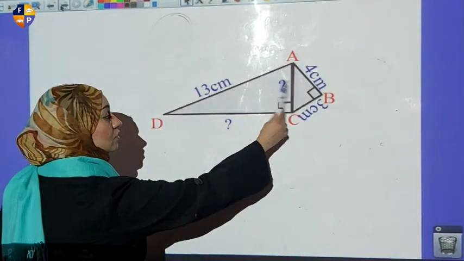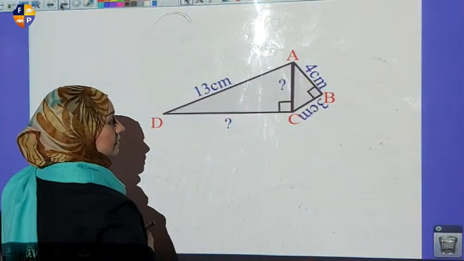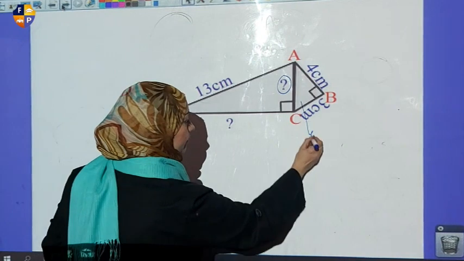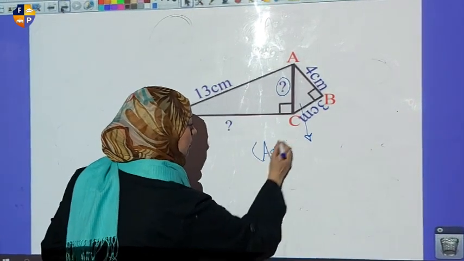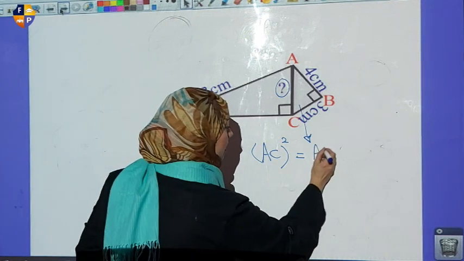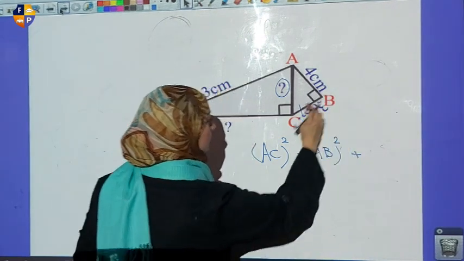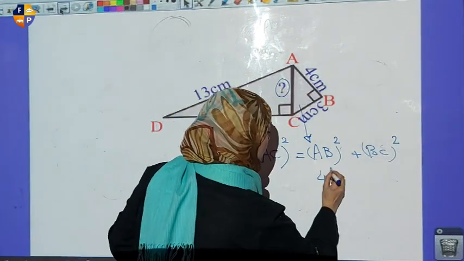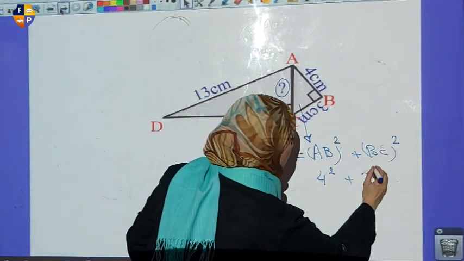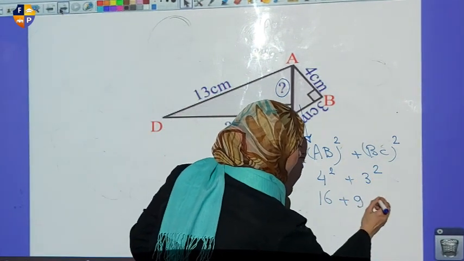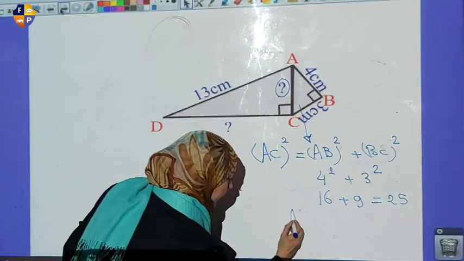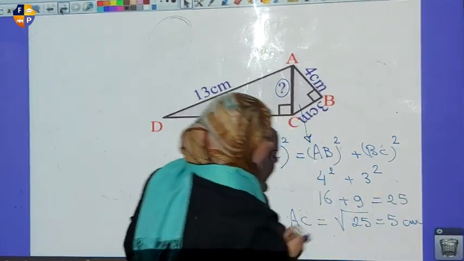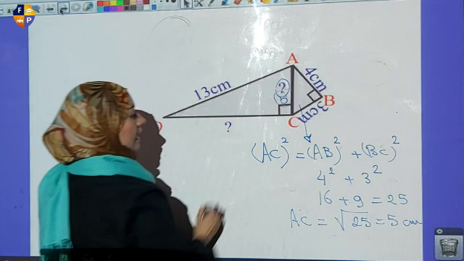Here I have two right angle triangles. So I will get this firstly: AC square equals AB square plus BC square. So here AB 4 square plus 3 square, 16 plus 9 equals 25. So here AC equals the square root of 25 equals 5 centimeter. Okay, I get AC.